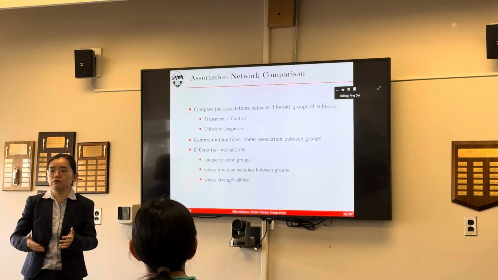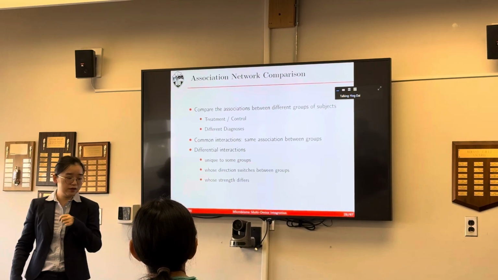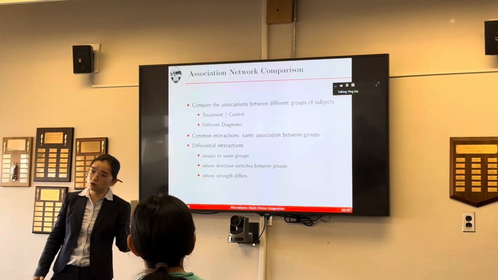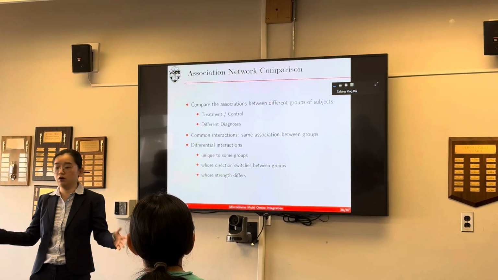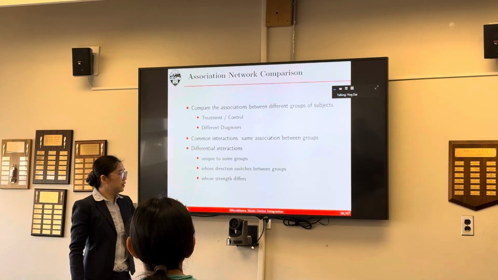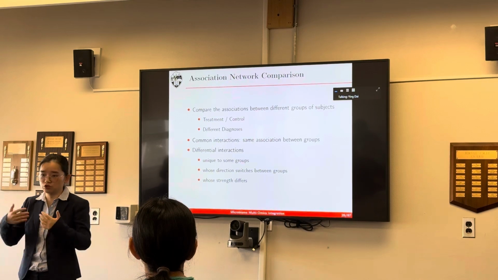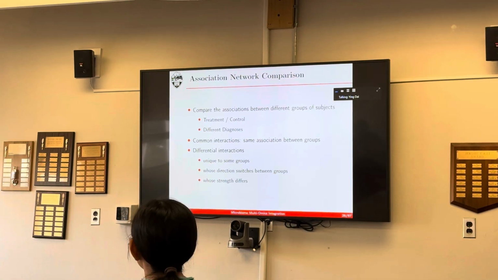That's one type of differential, right? And then another type of differential would be it is positively associated for one group and negatively for another one. Or you can flip this. And there could be strength differences. Like they have the same directions, but the strength of the association is different across groups.